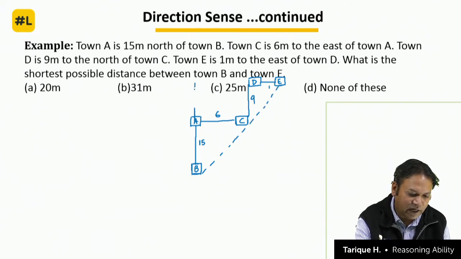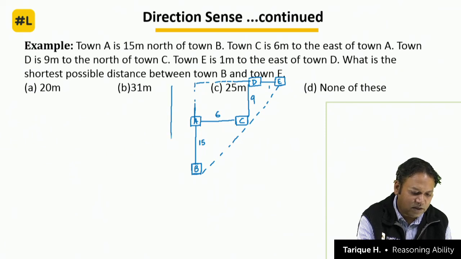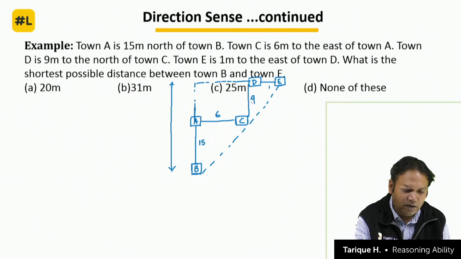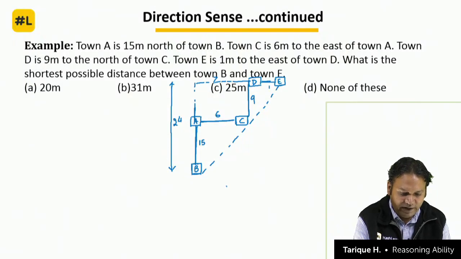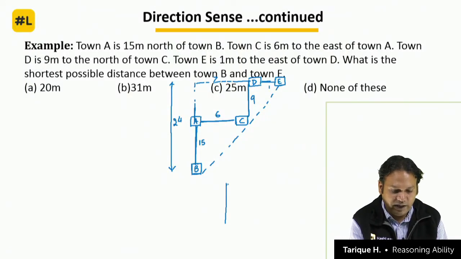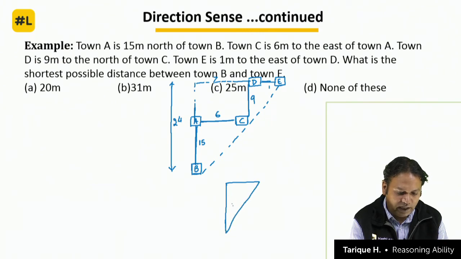Let us complete this triangle itself here. So, what is this total distance? Let us find this out. So, this is 9, this is 15, the total is 24, so this is 6, this is 1, so this total is 7. So, basically we are getting a right angle triangle with one side as 7, one side is 24.